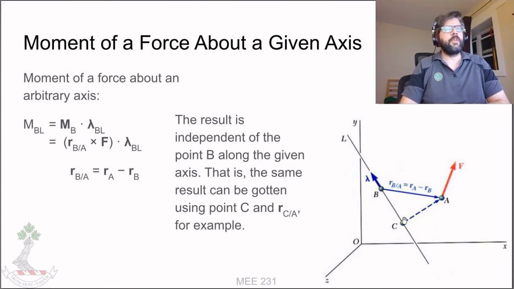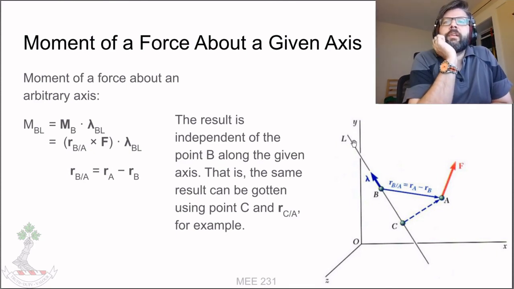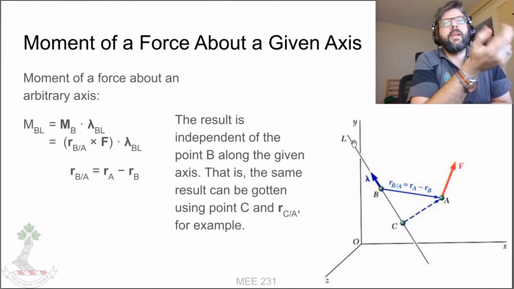You could pick B, you could pick C, you could pick any point upon the line, and then take the dot product of that resultant vector with the unit vector of the axis in question, and that'll give you the tendency for the force to cause rotation about that arbitrary axis, the magnitude of that.